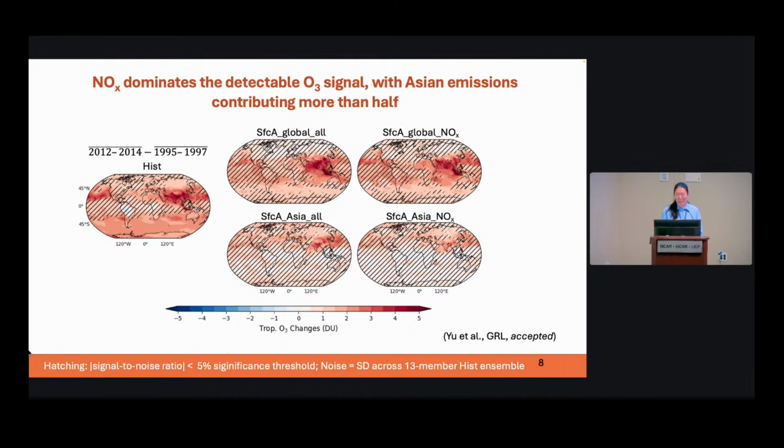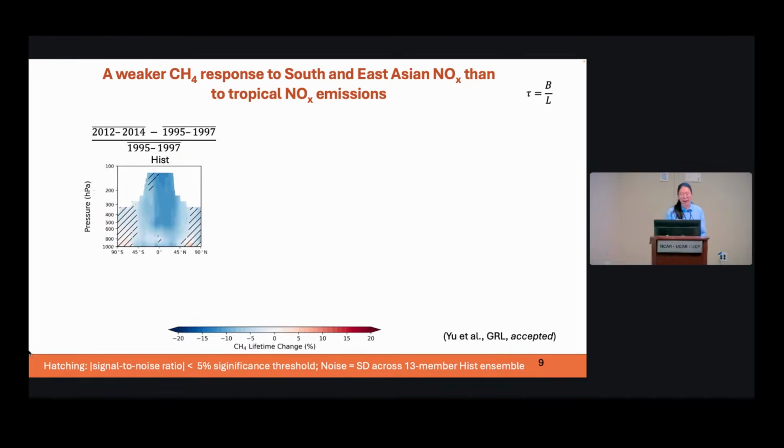Okay, so this kind of research can help us understand where we can find the signal in the observational record. We can more easily seek the signal of this forcing, for example, in Asia using the observational record.